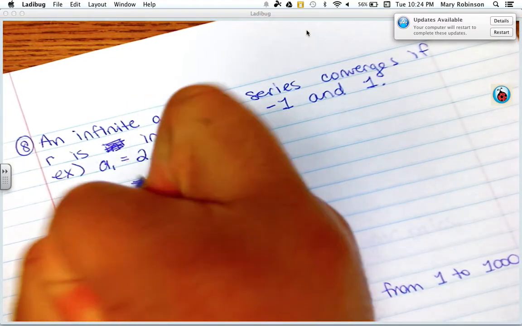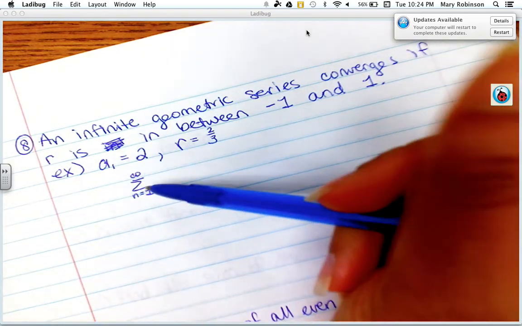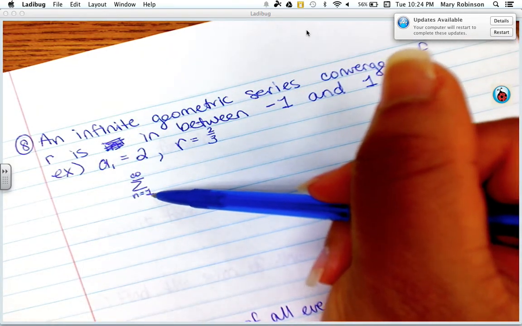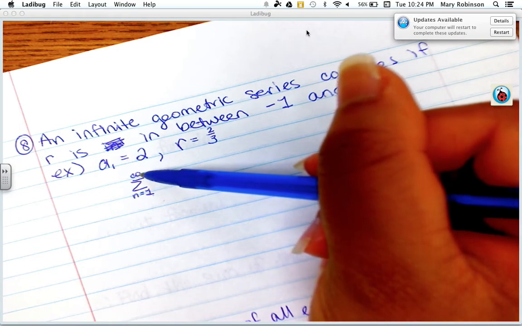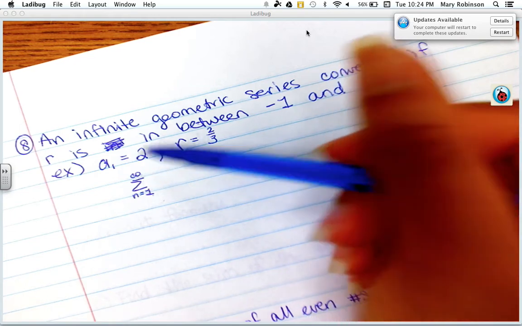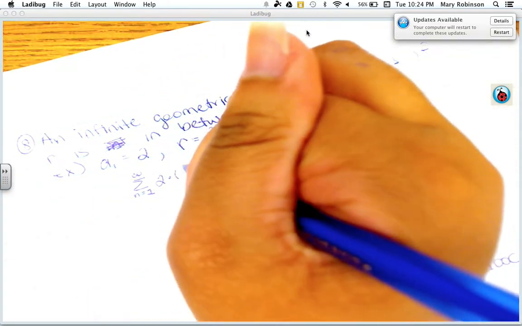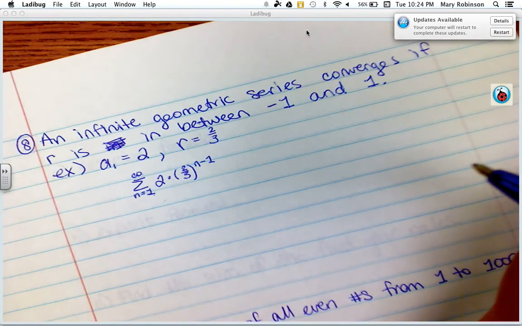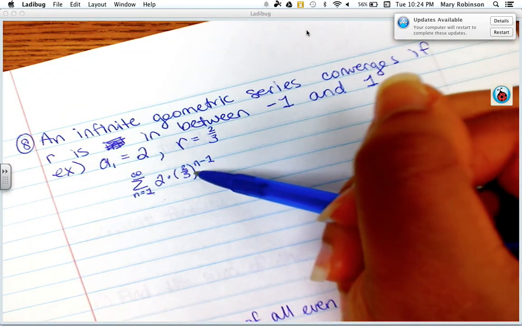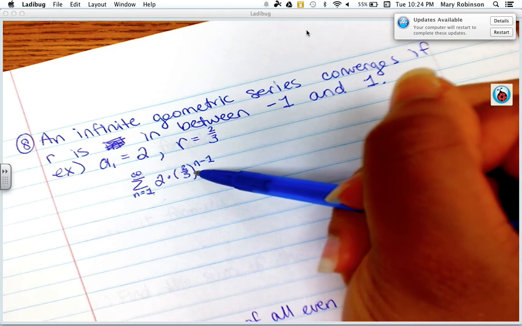So we're going to start from the first term, so n equals 1, and we're going to go to infinity because it's an infinite geometric series. Our first term is going to be 2, so 2 times, and then our r is 2/3 to the n minus 1 power. So this is an example of an infinite geometric series that converges.